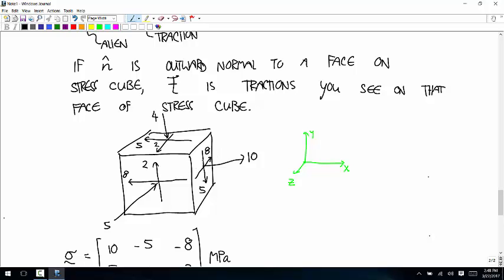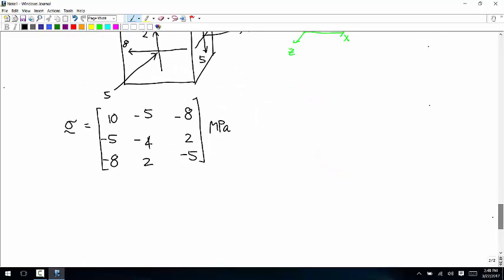It is a positive x component of 10, a negative y component of 5, and a negative z component of 8. You can see that from the picture here, and if you do that calculation, the traction on the x face.